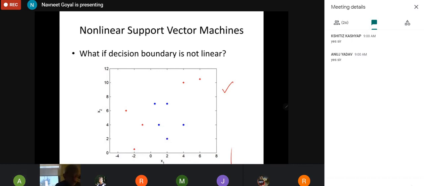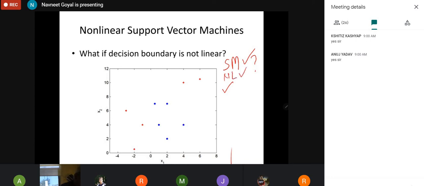So this is what we were discussing towards the end: you have a case of red and blue points which is not linearly separable. So do I try to fit a soft margin? The question is whether I fit a soft margin SVM or I should go for the nonlinear SVM.